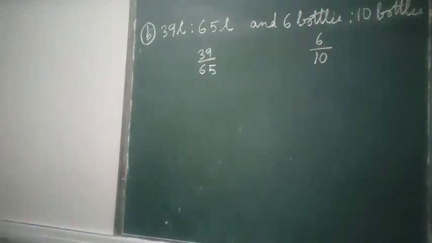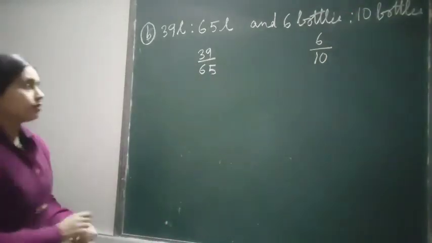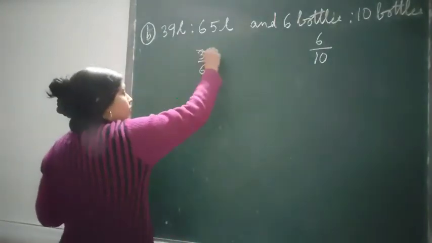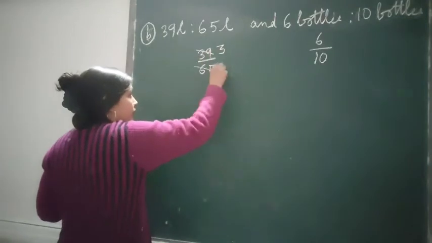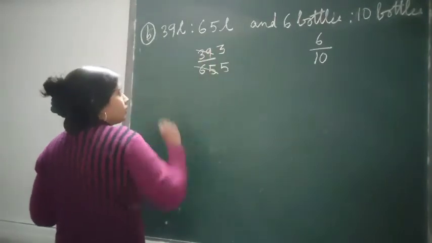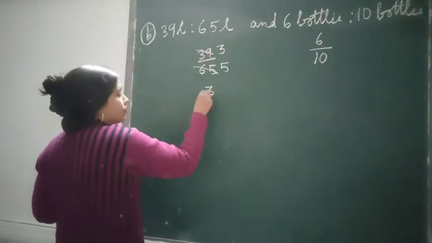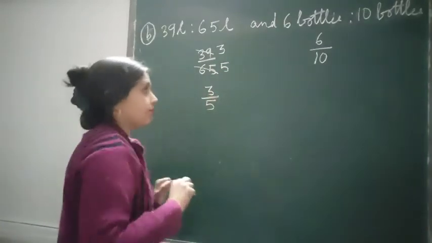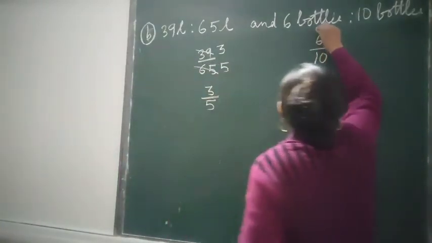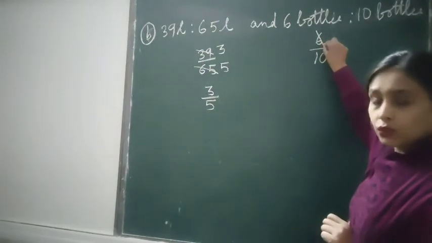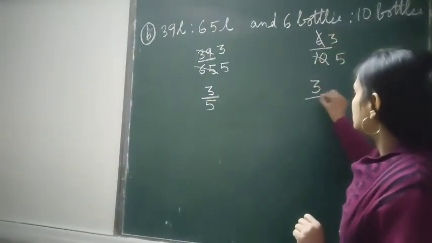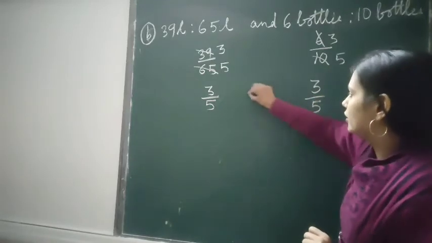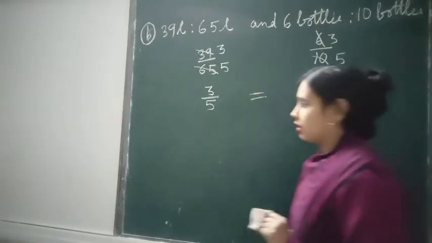Now children, 39 and 65 both are divisible by 13. 13 threes are 39 and 13 fives are 65. So this gives us 3 by 5, and here both are divisible by 2. 2 threes are 6, 2 fives are 10. So this gives us 3 by 5. Are they equal? Yes, they are equal.